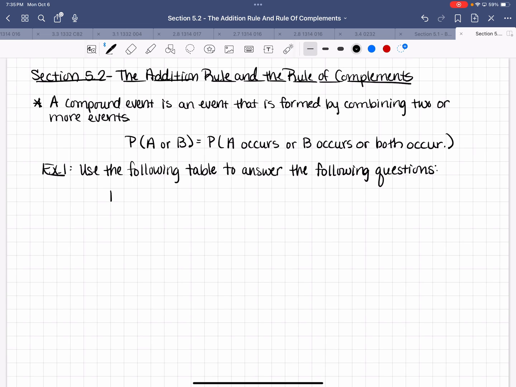Okay, so I need to move that down a row because I've got a header over here. Likely to vote. Okay? And then we have not likely to vote. But then we split that up a little bit here.